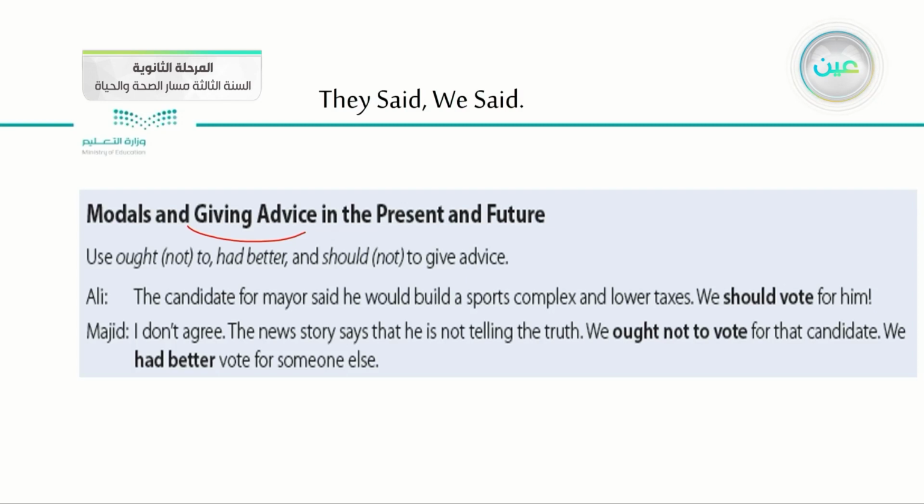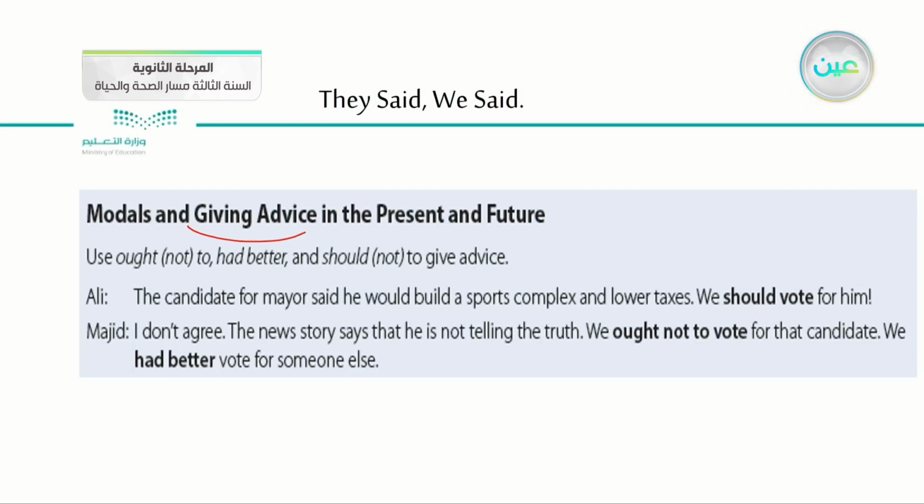For example, we have here a conversation between Ali and Majid. Ali says, the candidate for mayor said he would build a sport complex and lower taxes. We should vote for him. Majid says, I don't agree. The news story says that he is not telling the truth. We had better not vote for that candidate.